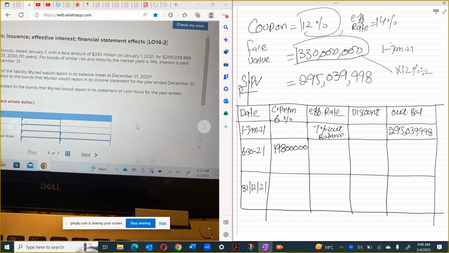Remember, I told you about this effective interest rate column. I think we already did that one on number 6. We are doing number 7 now.